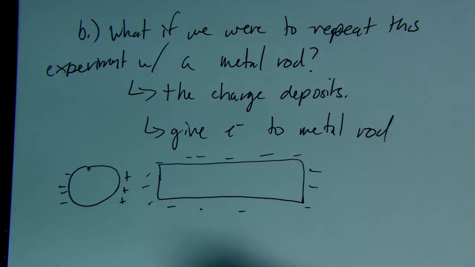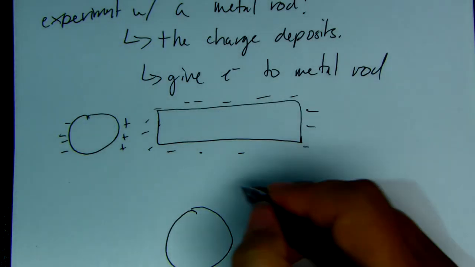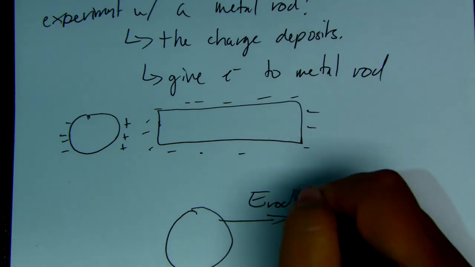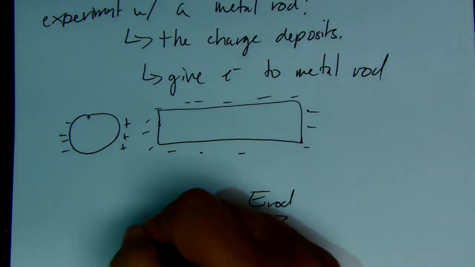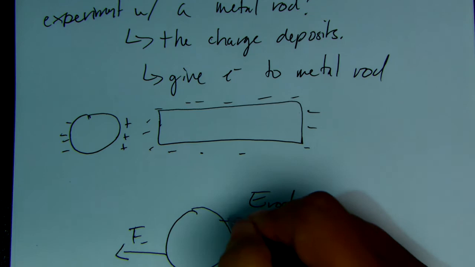So let's look at this once again. This ball is going to experience a field from the rod, which once again will be pointing towards the rod. The negatives are going to have a force going in that direction, and there's going to be a force on the positives.